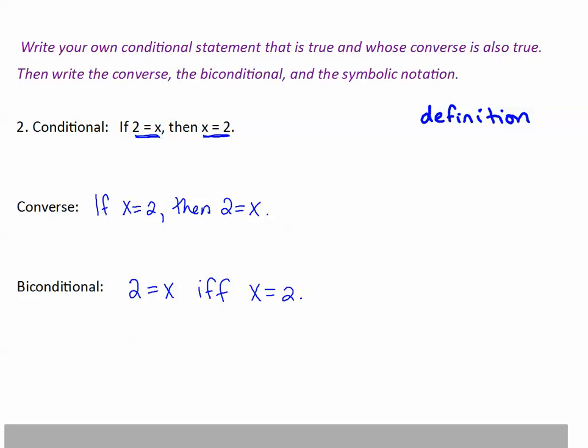Now I'm going to choose letters to do symbolic notation. The beginning I'm going to call W, and the end I'm going to call Z. So my symbolic notation goes W then Z, the converse gets flipped around, and the biconditional has the double arrow. Just make sure that if I call 2 equals x W and I put 2 equals x at the beginning, W goes at the beginning.